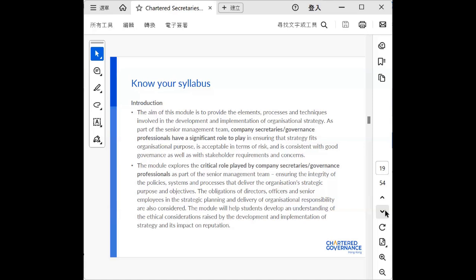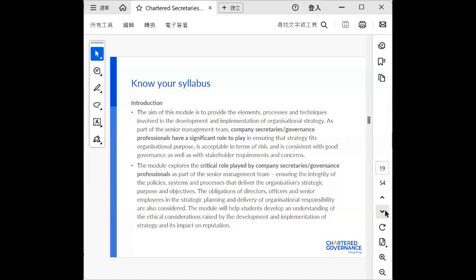So what it says in here is that you need to develop the strategy and implement the strategy. They test you about whether you're able to use the various techniques and process to develop and implement the strategies. So that is what you will be asked about.